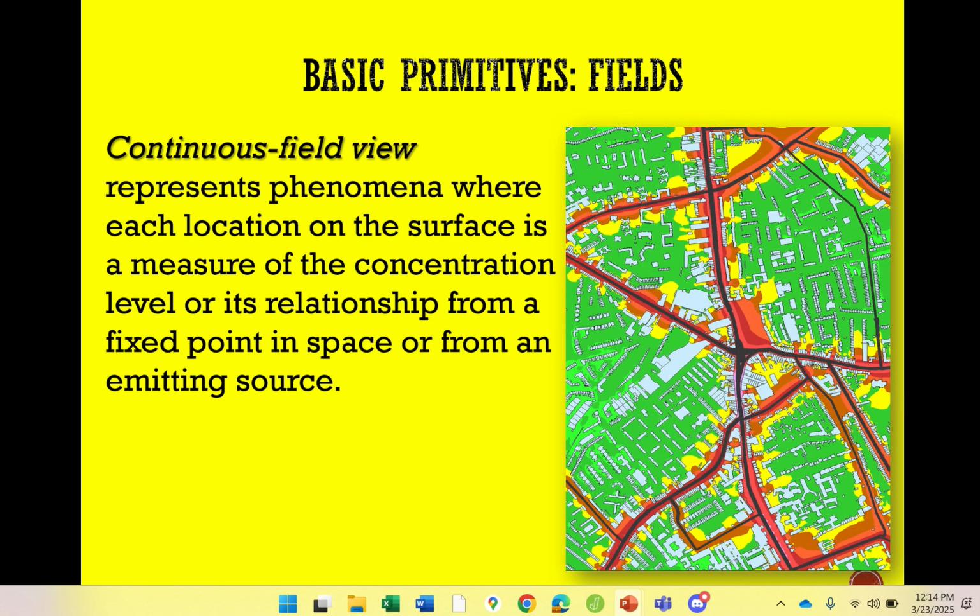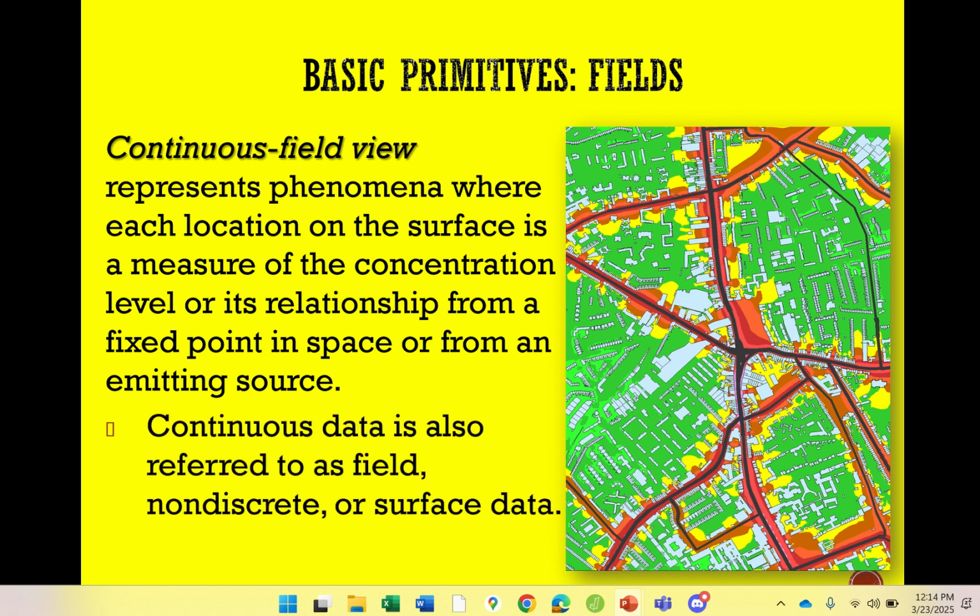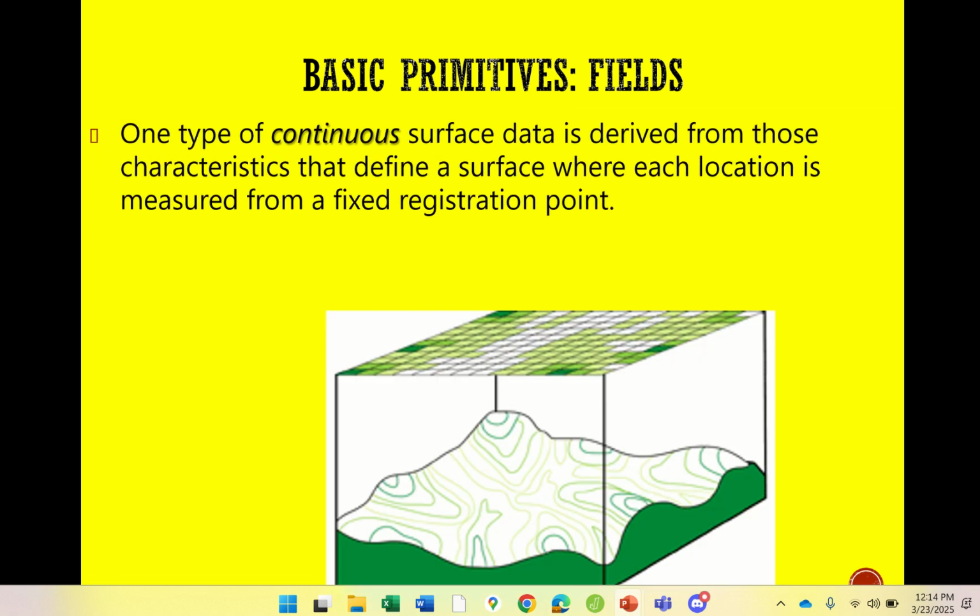And then the other type of data type that we look at is called fields or continuous field view. So this is basically a surface, which is measured in reference to another location, in reference to another fixed point in space or from an emitting source. So sometimes this field data is also referred to as non-discrete or surface data. An example of field data is elevation.